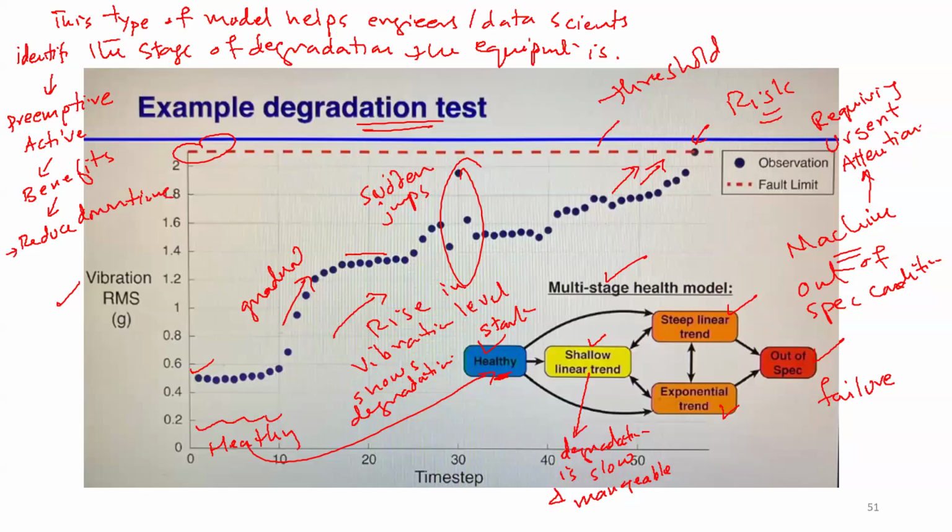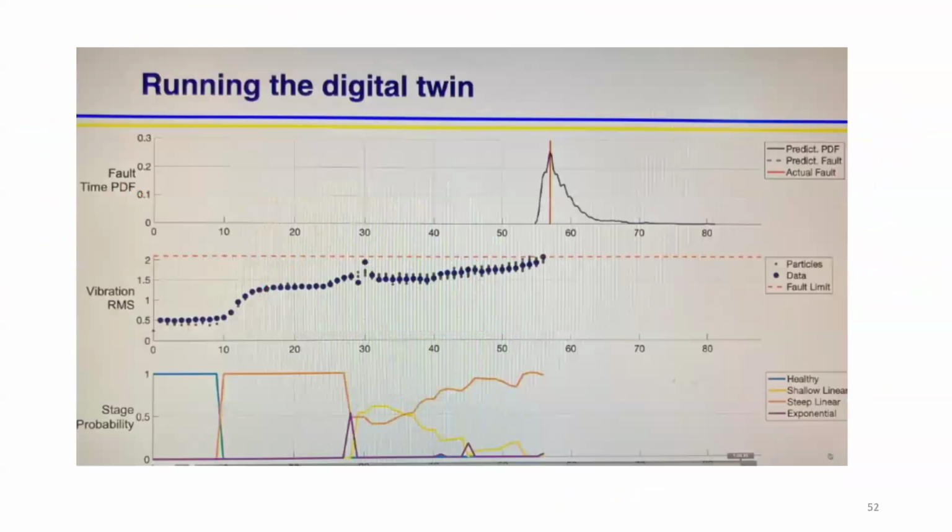Okay, this is one, and we will have, oh yeah, optimize maintenance schedule, and of course the life of the equipment will be extended. So this will extend asset life, right?